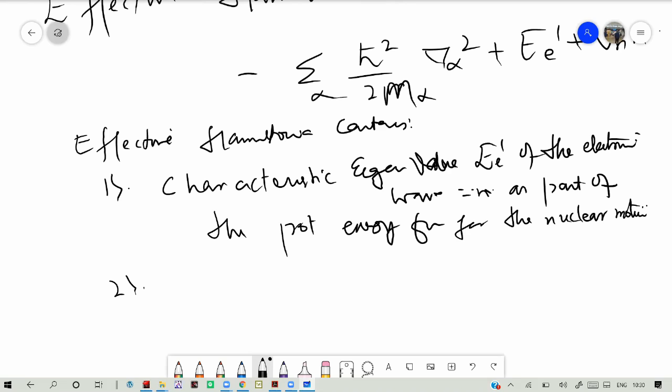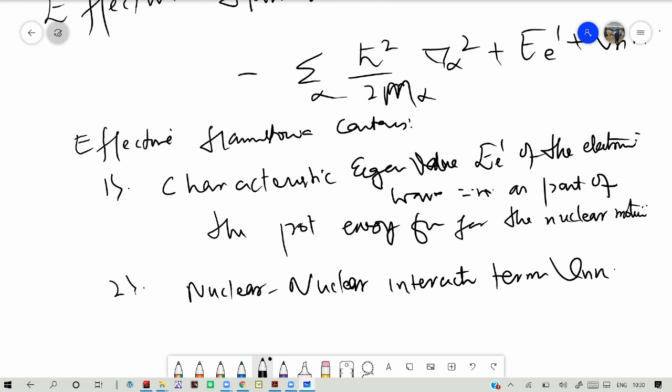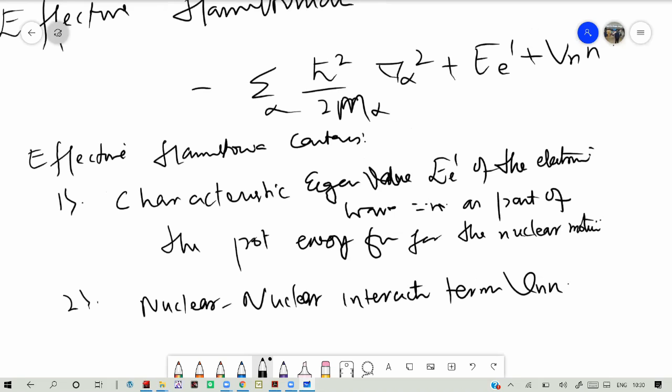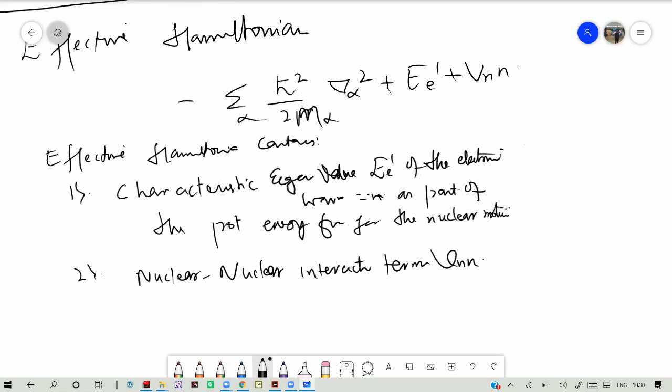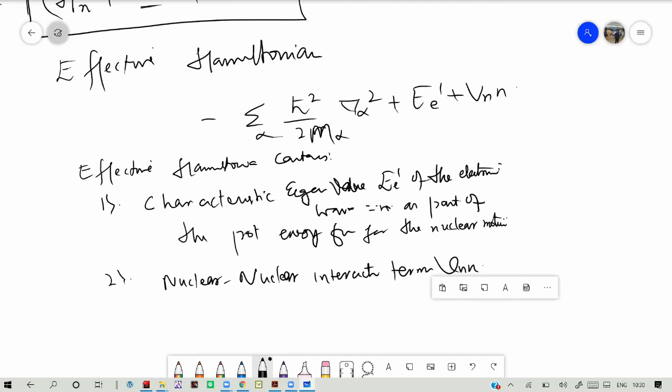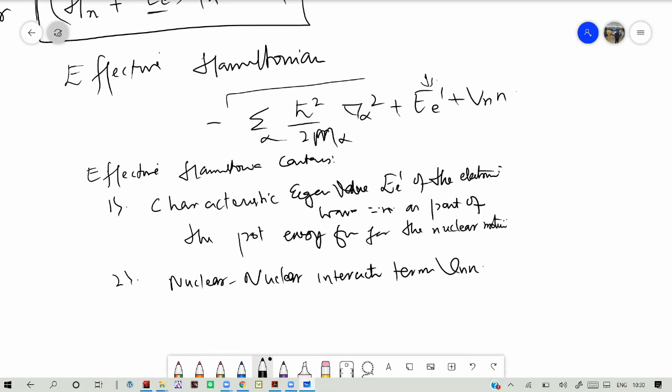This Hamiltonian is the nuclear interaction term VNN. So what does it mean? I can write it as, to rearrange it, this E dash becomes the potential energy part for the nuclear motion.